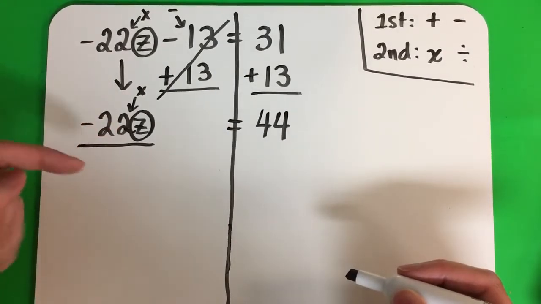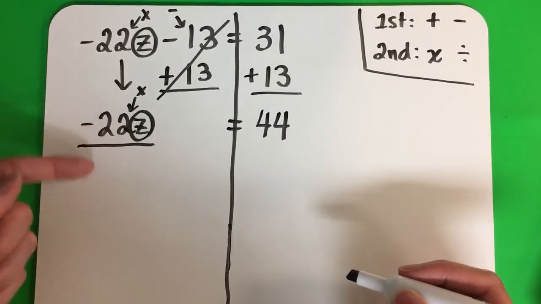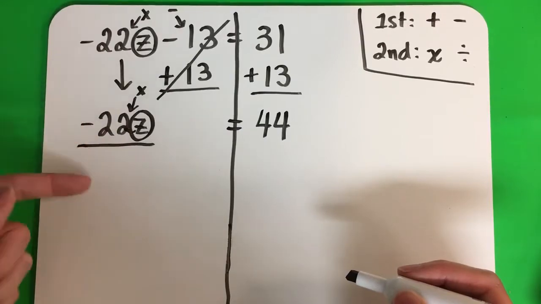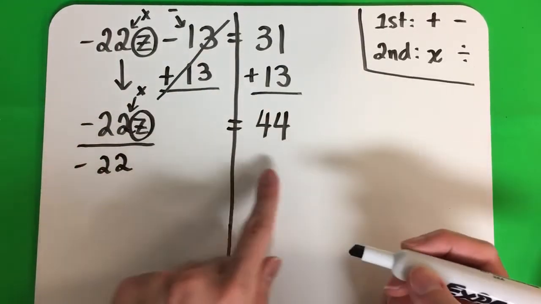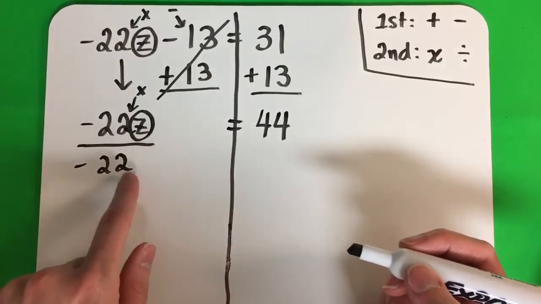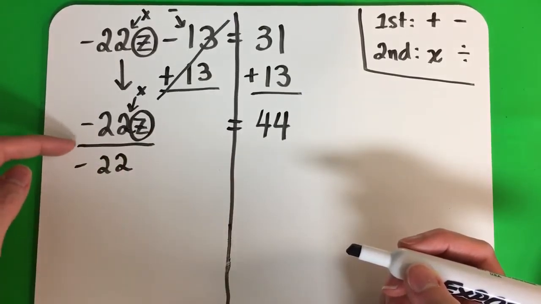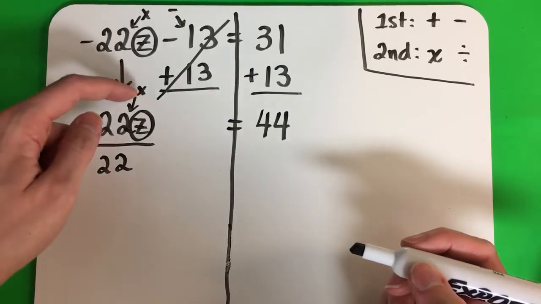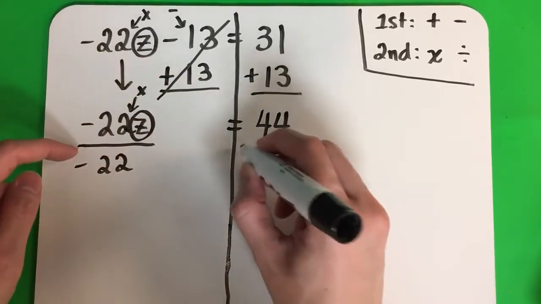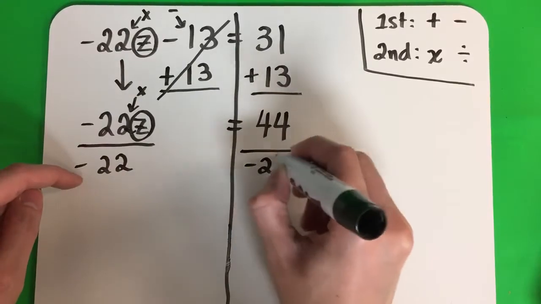Copy the number on the left, which is negative 22. Division is the opposite of multiply. So copy, divide, negative 22.